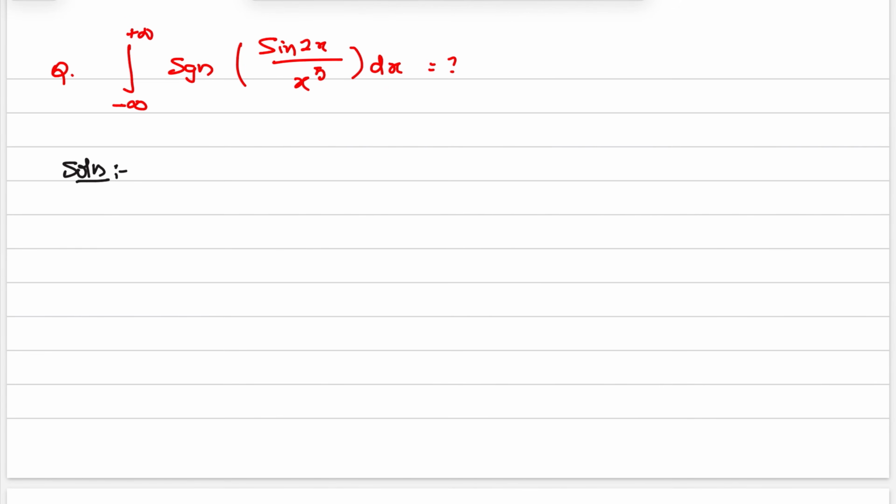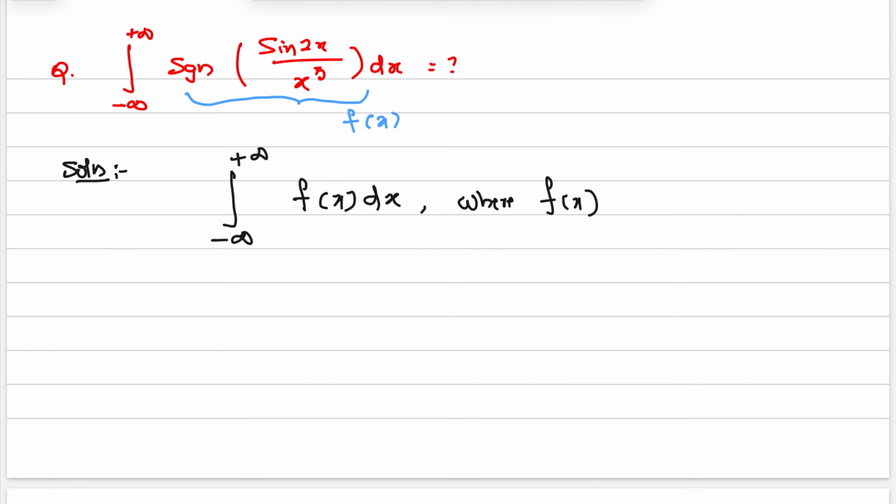Now, please just try to understand this whole thing. I will call it function x. That means what I have to find out is the integral from minus infinity to plus infinity of function x dx, where function x is equal to signum function of sin 2x by x to the power of 5.